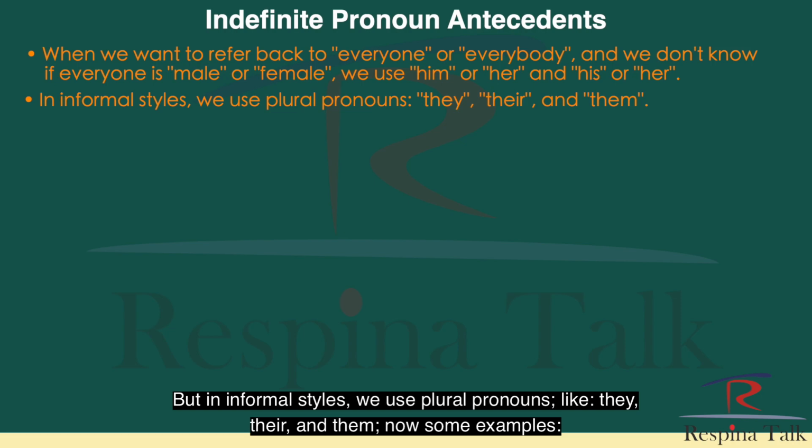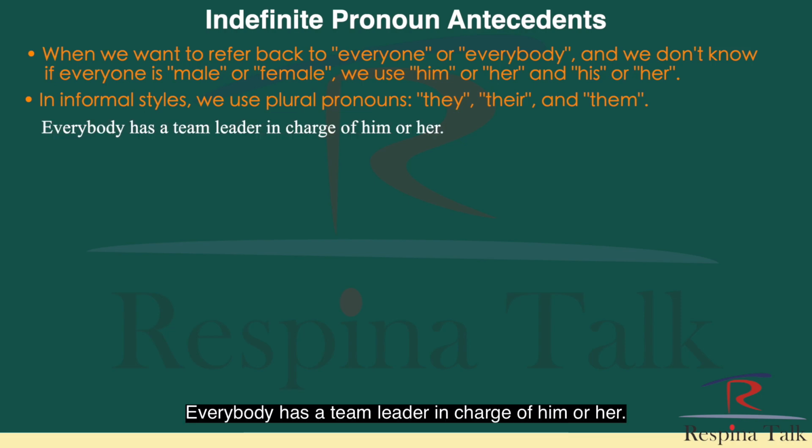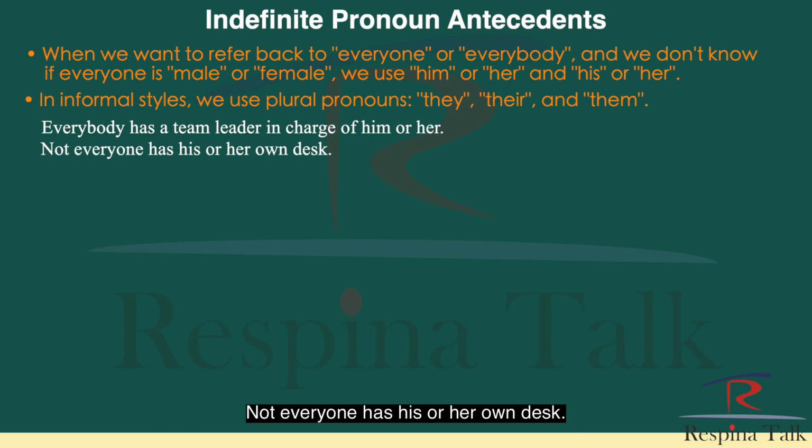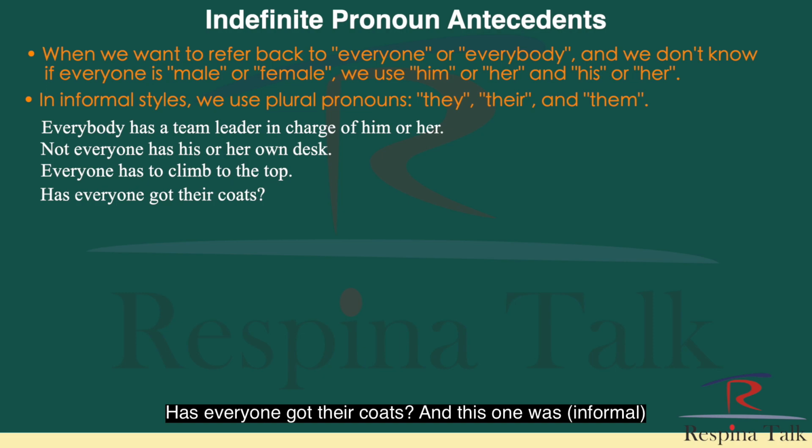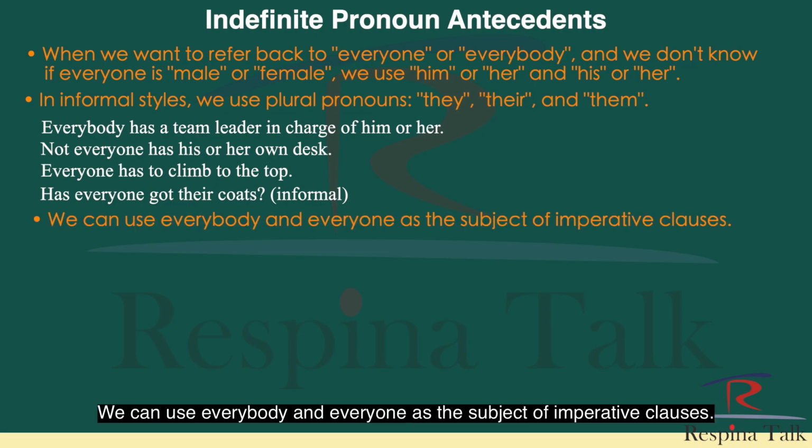Now some examples. Everybody has a team leader in charge of him or her. Not everyone has his or her own desk. Everyone has to climb to the top. Has everyone got their coats? And this one was informal. We can use everybody and everyone as the subject of imperative clauses.